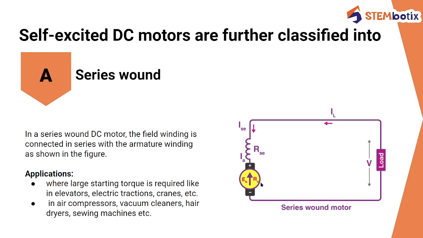Now, these series wound DC motors are used where large starting torque is required, like in elevators, electric traction and cranes. You can also say this is its advantage: DC motors have higher starting torque than AC motors.